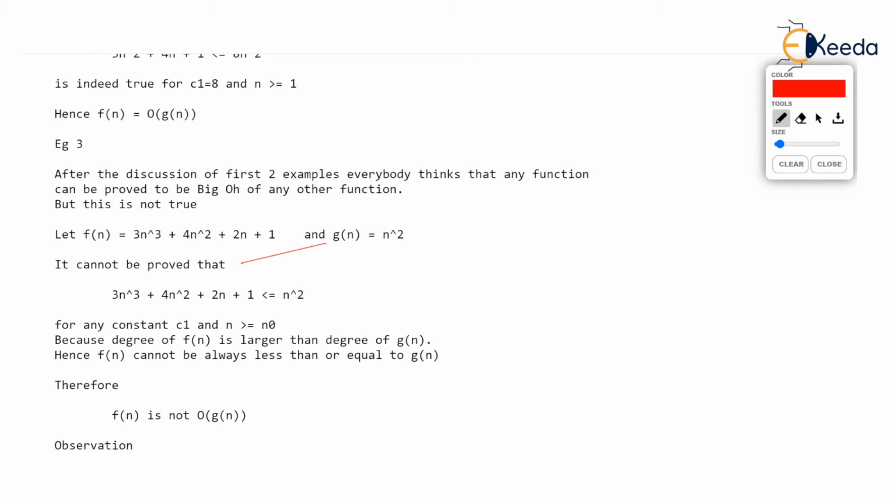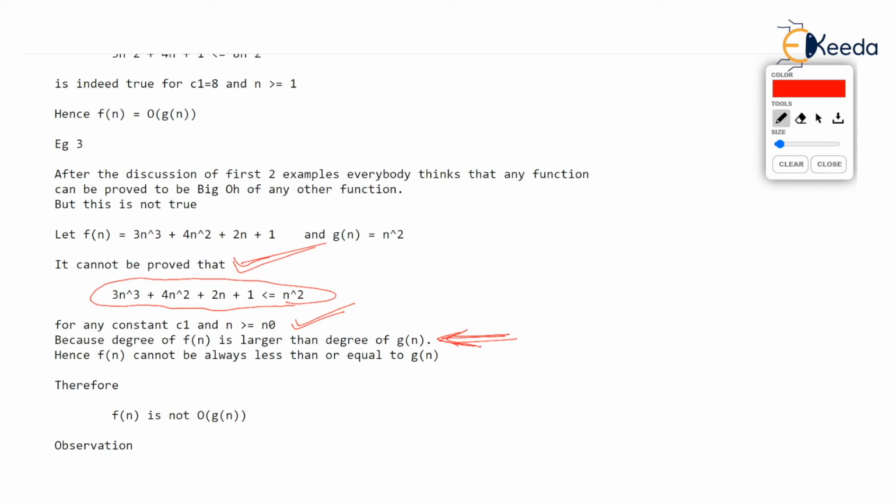It cannot be proved that this is true, isn't it? For any constant C1 and n greater than or equal to n0. Why? What's the reason? Because degree of Fn is larger than degree of Gn, isn't it? So Fn cannot be less than Gn for all values of n.